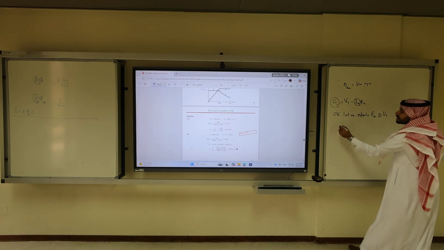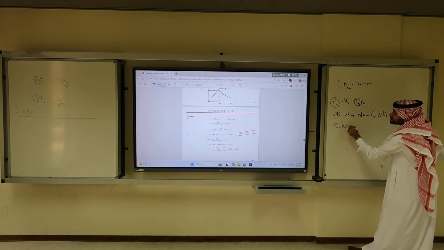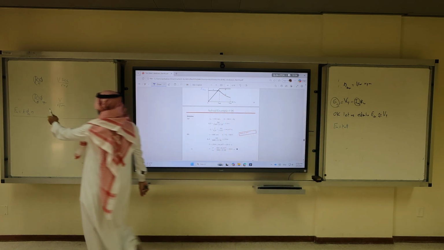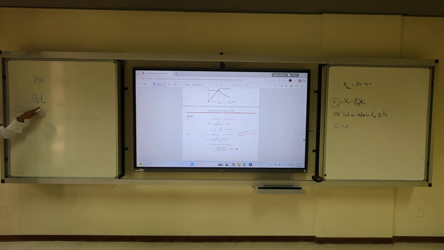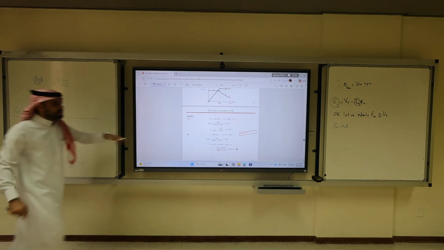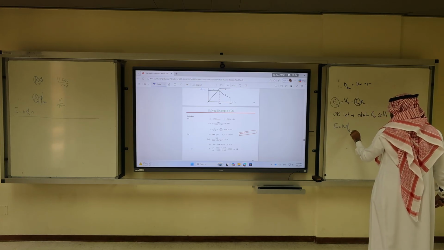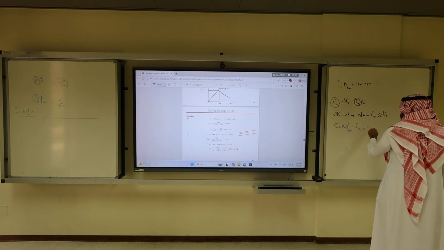So we try to find Ea equal Ka times the flux, and I think he's using this constant. Now I'm going to use the RPM constant, because we have the speed in RPM.